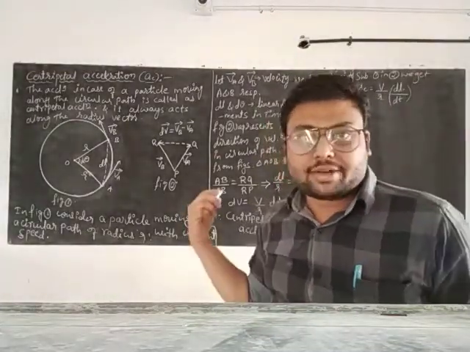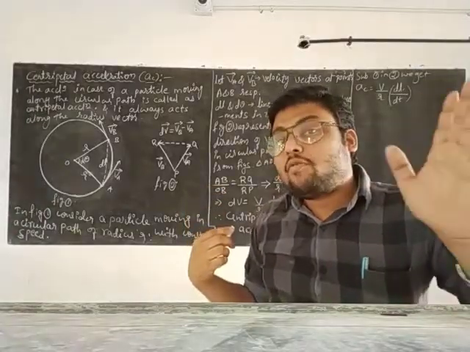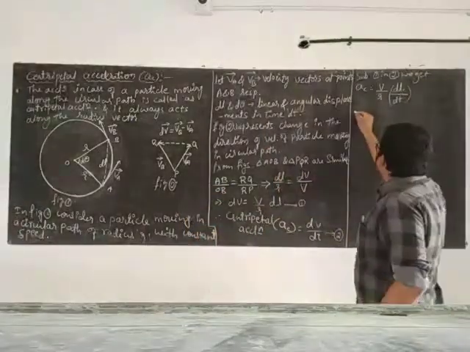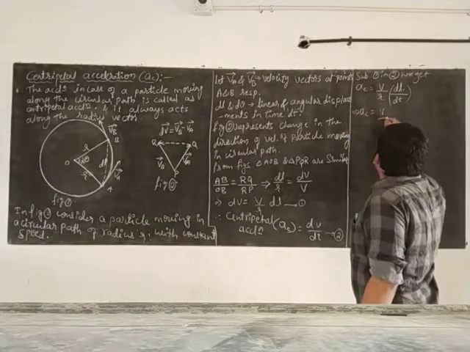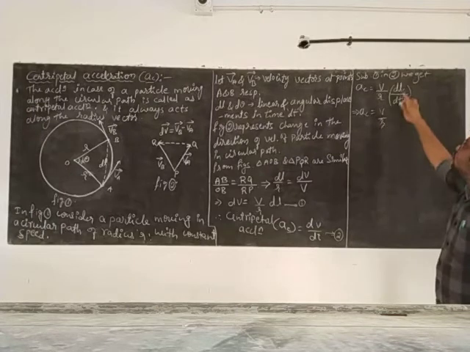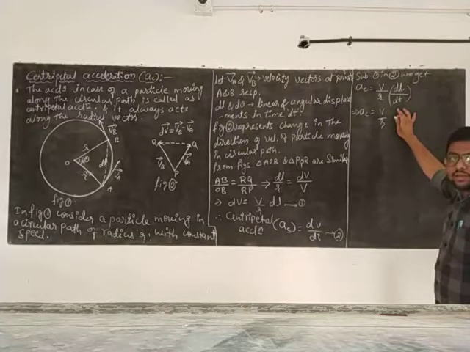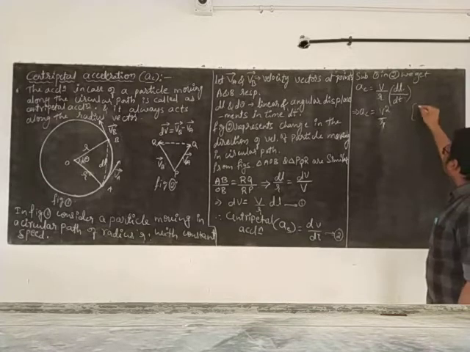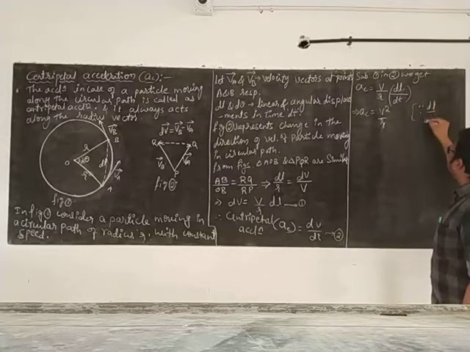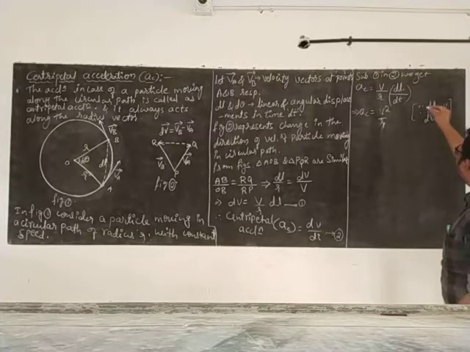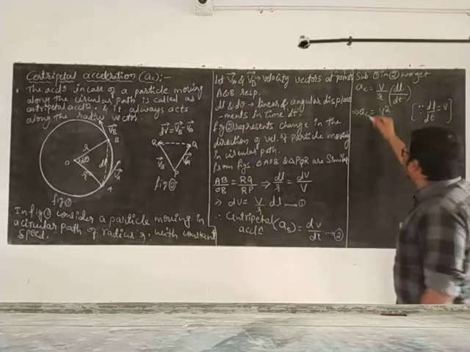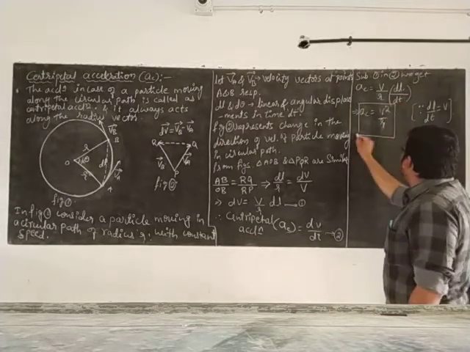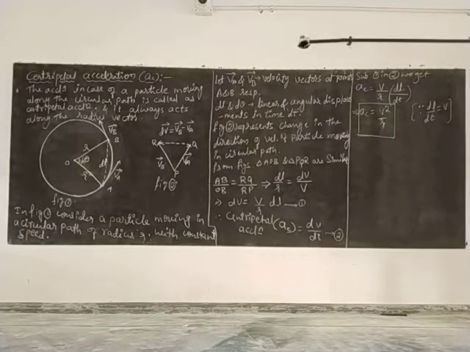Displacement by time means velocity. So that implies AC is equal to V by R into dL by dt, which means one more V. So V into V is V square divided by R, because dL by dt is equal to V. I hope you understand. So this is the expression for the centripetal acceleration.